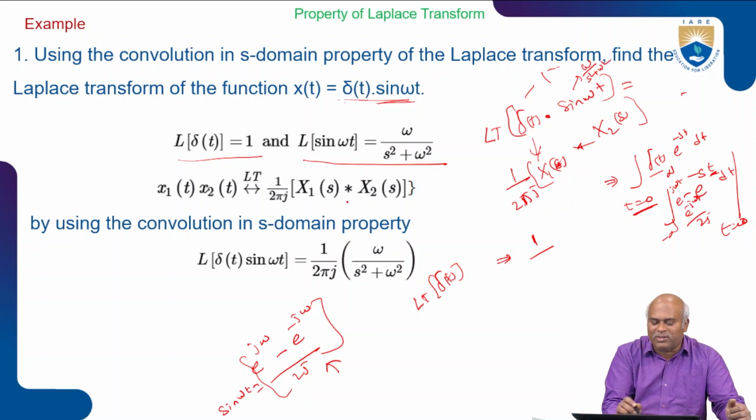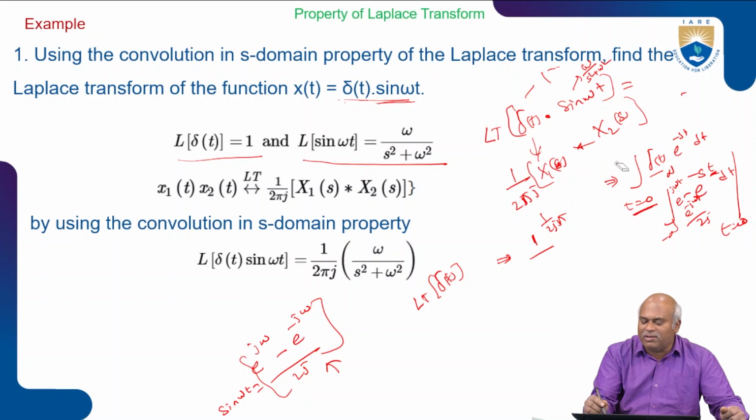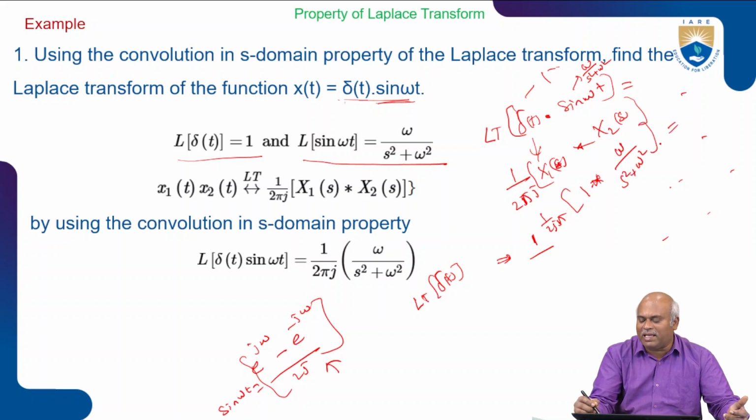Just substitute. Then we got the convolution, 1 by 2 pi j, times 1 convolved with the Laplace transform of sine omega t, which is omega divided by s square plus omega square. The 1 convolved with it gives the same result. So finally I write 1 by 2 pi j multiplied by omega divided by s square plus omega square.